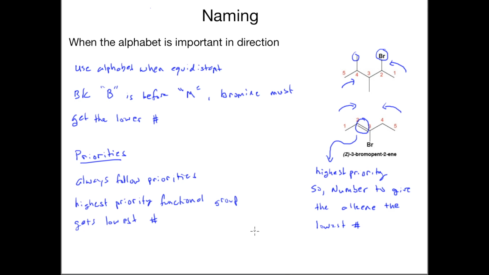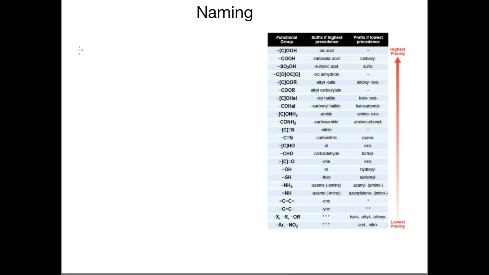So make sure that you recognize which groups should have different priorities and number in accordance with that, making sure that the highest priority group gets the lowest number. Also, don't forget about things like E and Z when you're naming double bonds, right? We can't let those go, so we need to include that. Notice also that we put the locant there for the double bond, and we're all done.